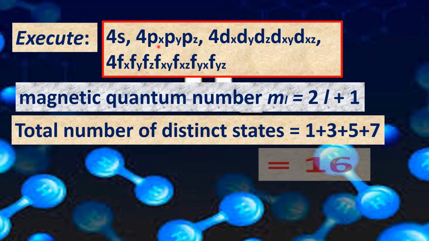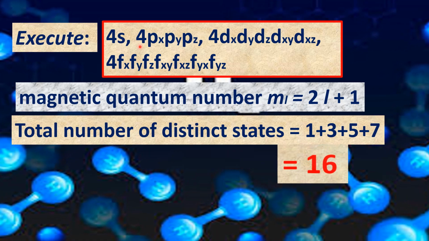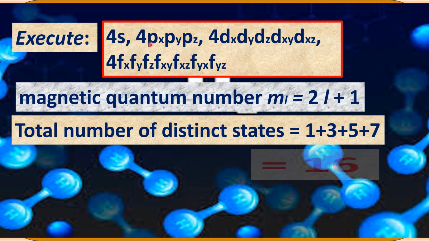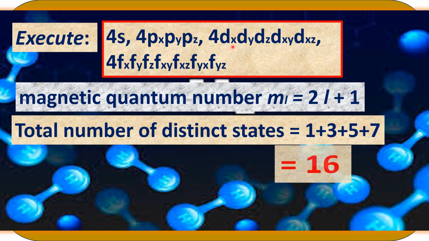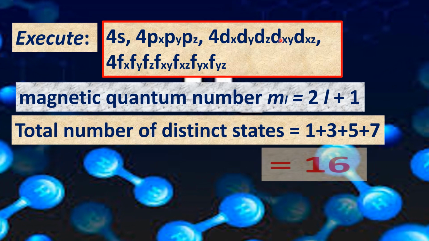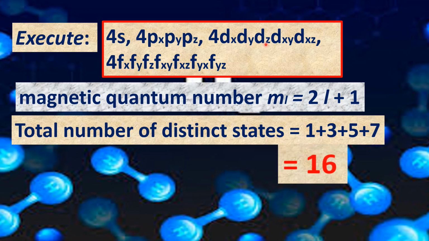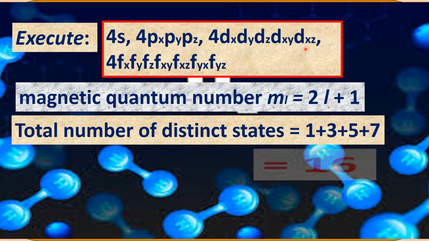p orbitals. They are distinguished as px, py, and pz. Now, for the d orbitals, there are five, such as 4dx, 4dy, 4dz, 4dxy, and 4dxz.